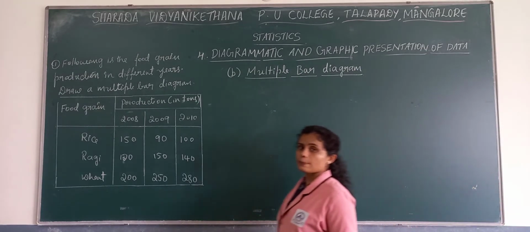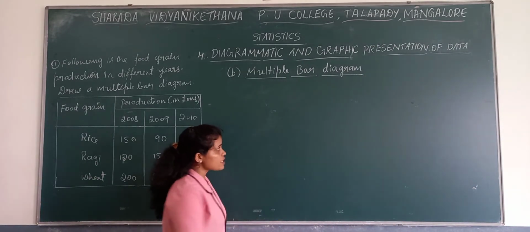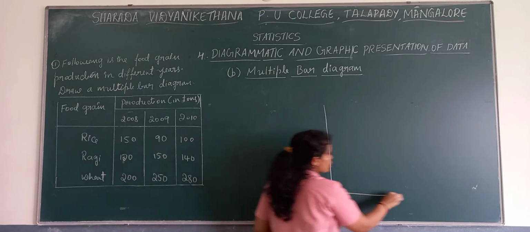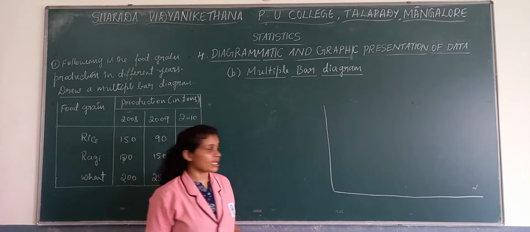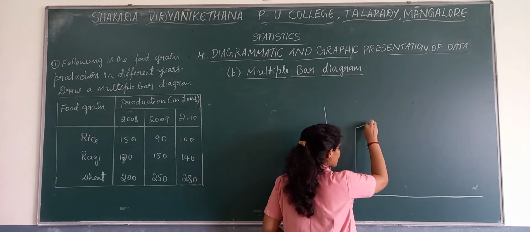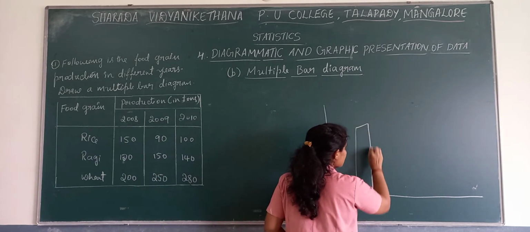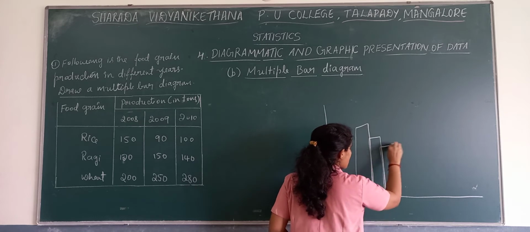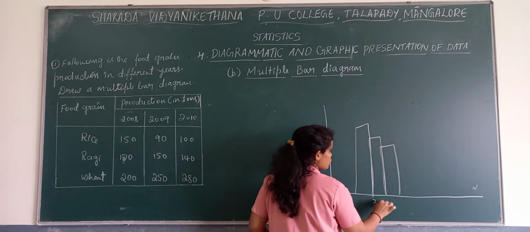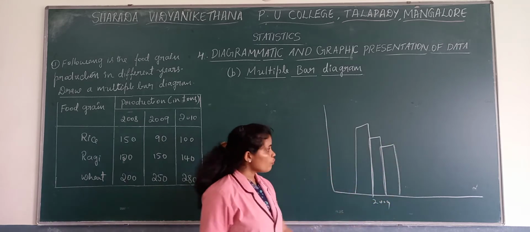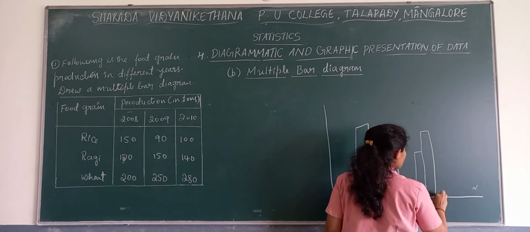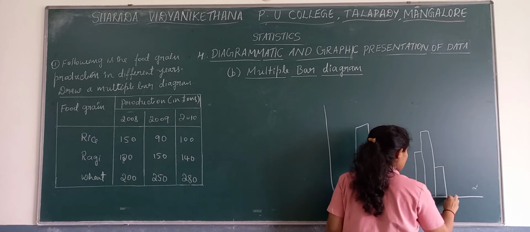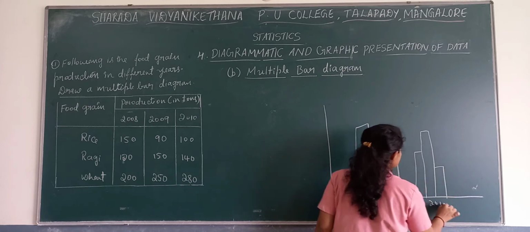How would this multiple bar diagram be? Here we use adjacent rectangular bars. For example, ragi, then rice and wheat in 2009. One more, here also ragi, wheat and rice in 2010.